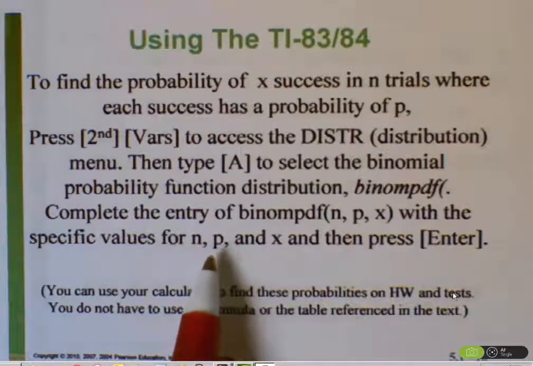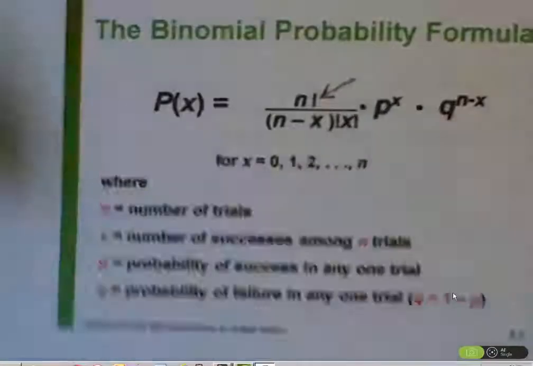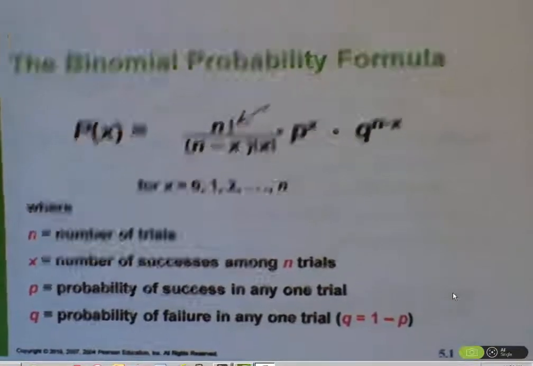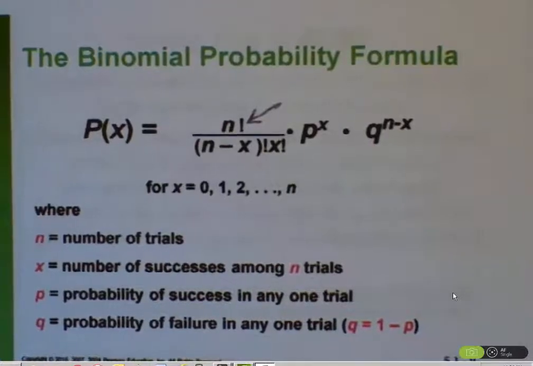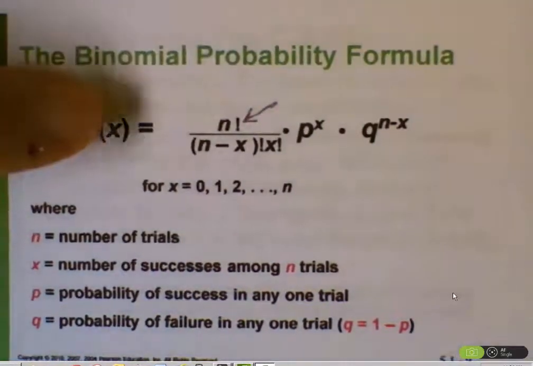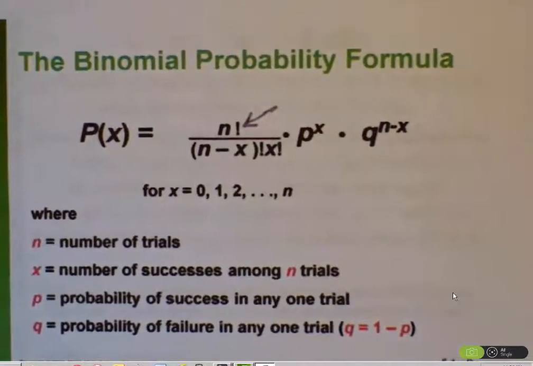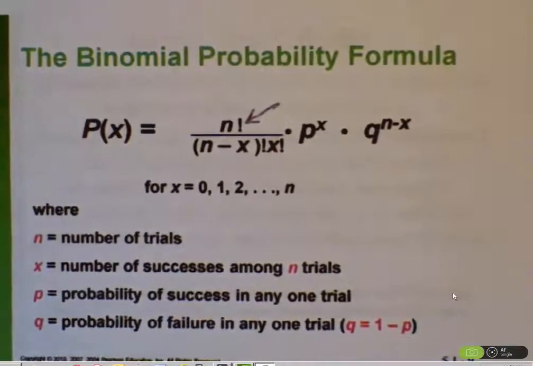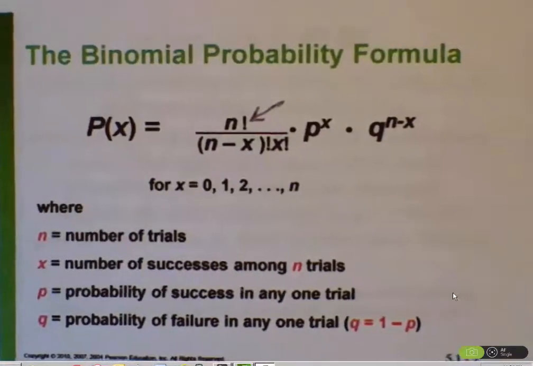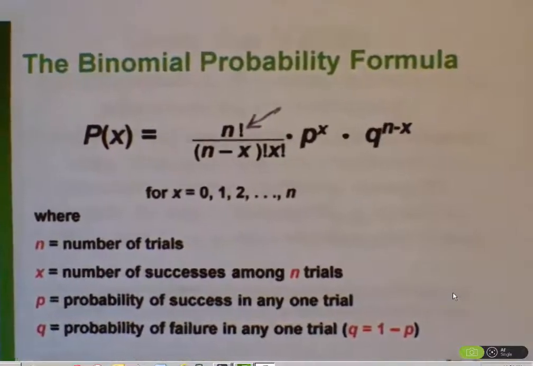But once they start plugging those values into this formula, you need to close the window, get out of help me solve this or view example, because we're not ever going to use that formula, and we're not ever going to use, well, one exception to that, and I'll tell you when we get there, but there's only one of those tables in the back of the book that we're going to use. So when MyLabs Plus shows you from the table in the back of the book, just close it.